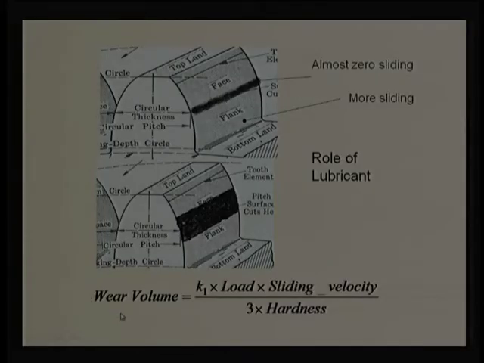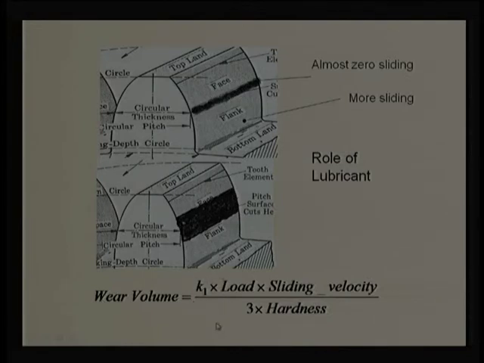If you require more and more life, you need to reduce the wear volume, even though you do a good design initially, but when we talk about the topology, we need to reduce this wear rate. Wear rate can be reduced if we are able to reduce the sliding velocity, increase the hardness, and reduce the load. So, one way or another we need to reduce this K1.